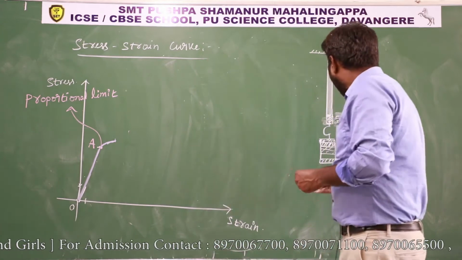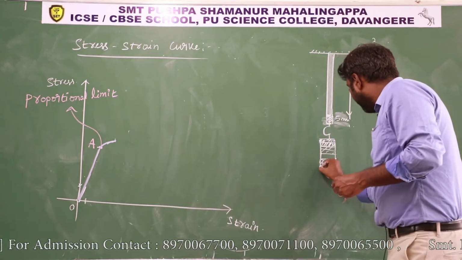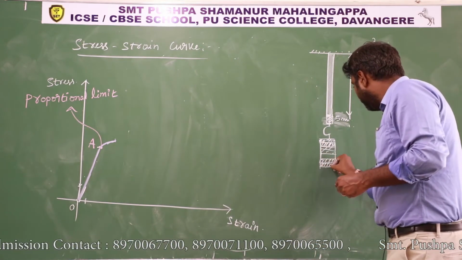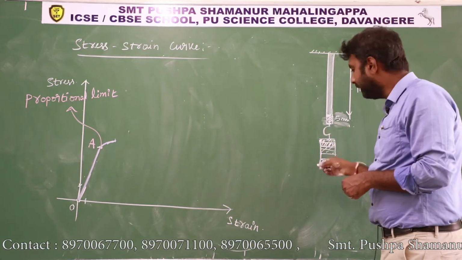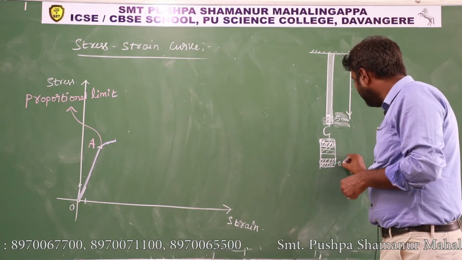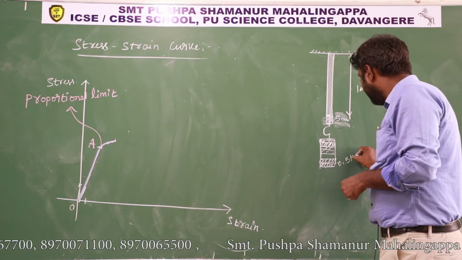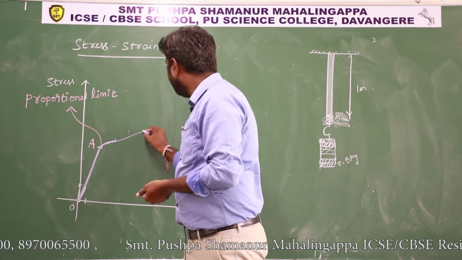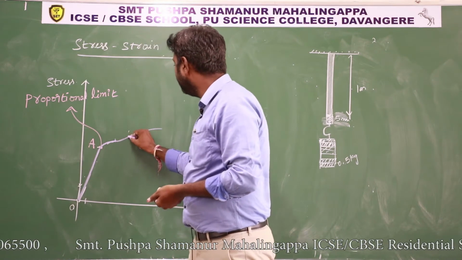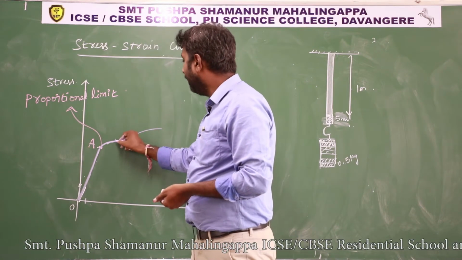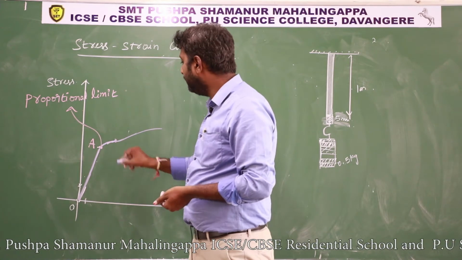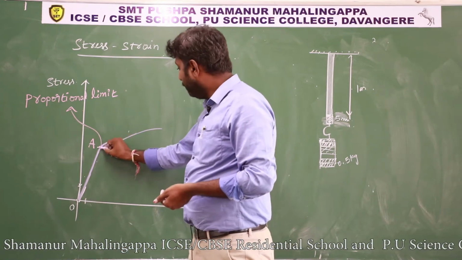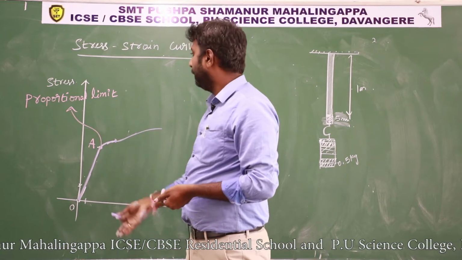Then I increased a small weight. Up to here I added 1 kg, right? Here I added 0.5 kg. For 0.5 kg only, the strain produced, that means the length increased, is very large. That means I can say that up to A point, it is proportional.